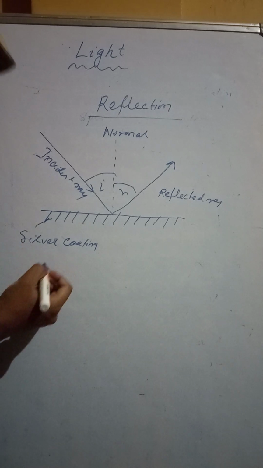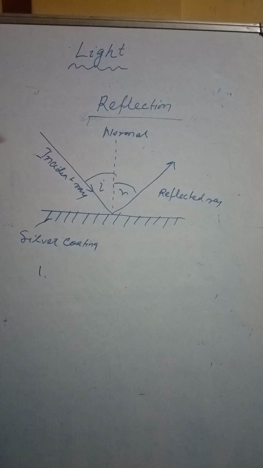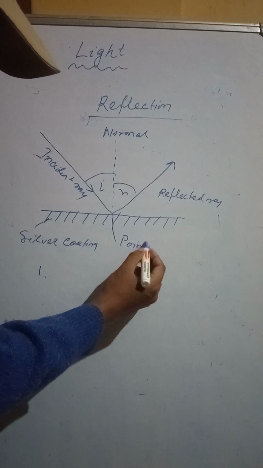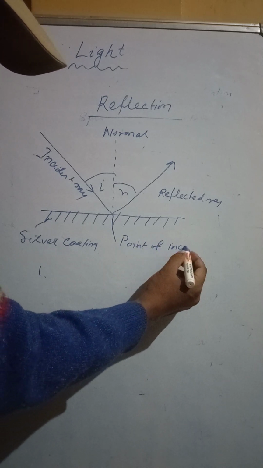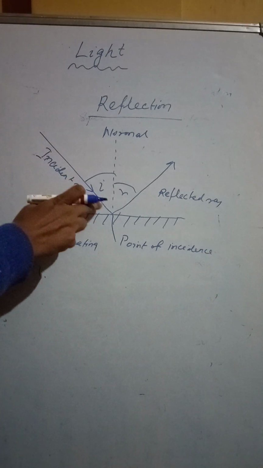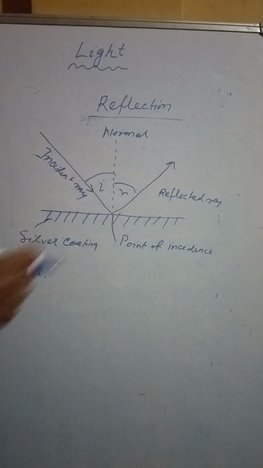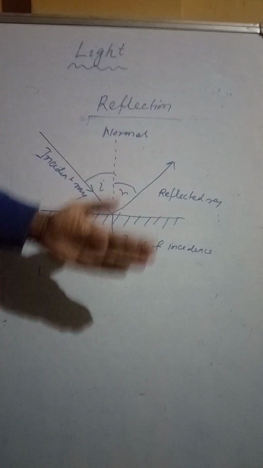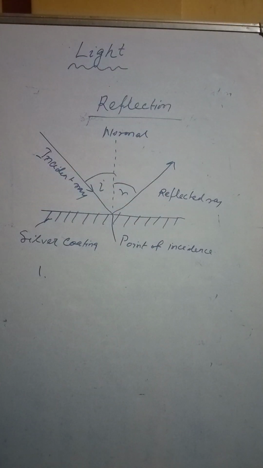In this reflection there are two rules. The first rule is that the incident ray, the normal and the reflected ray will be in the same plane. This is called the point of incidence. Same plane means here the incident ray is like that, the normal is like that, and the reflected ray like that. So this is the plane. I'm showing some example.